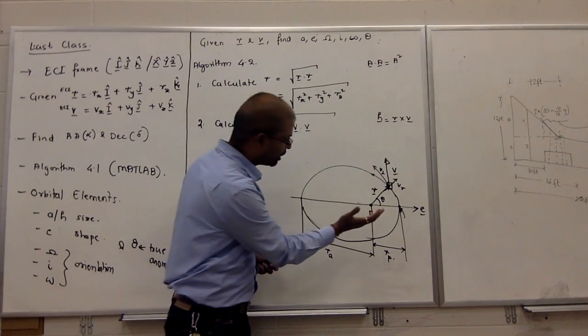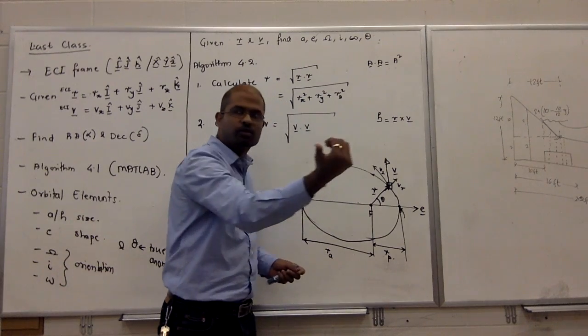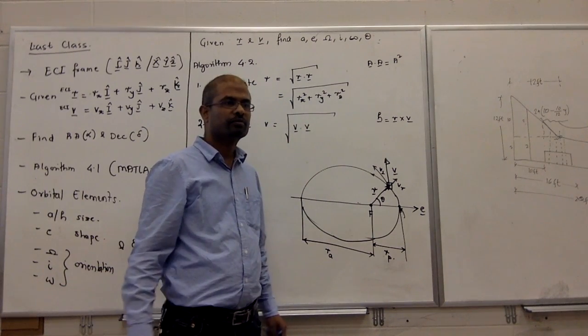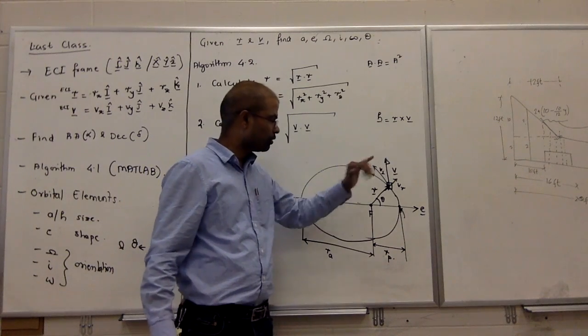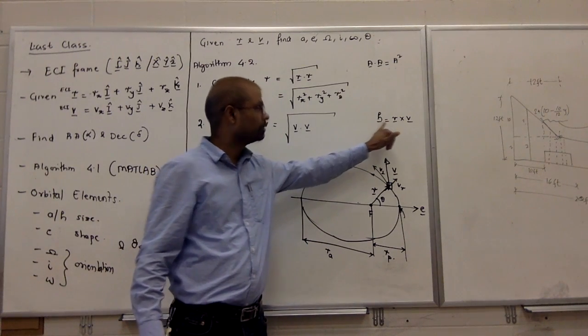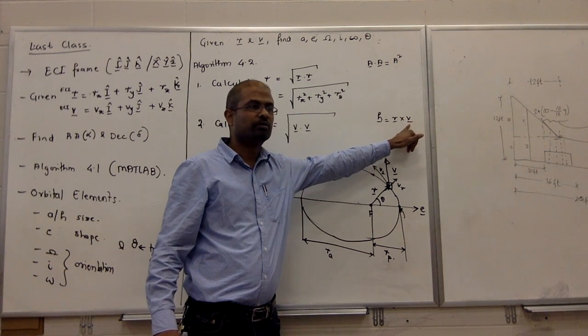Now do this: R, then V. It has to come like this. So H has to be out. If this has to be out, this is in the plane, and this also has to be in the plane. You get it?